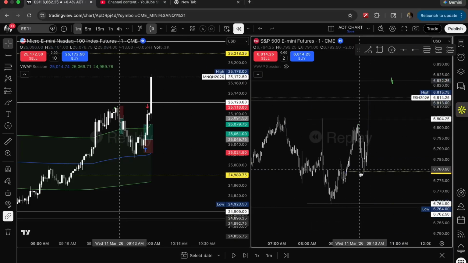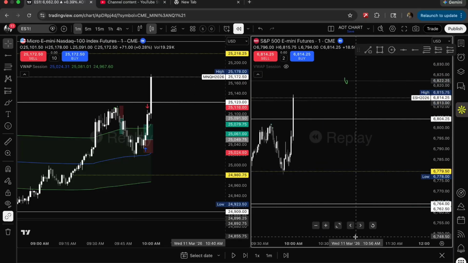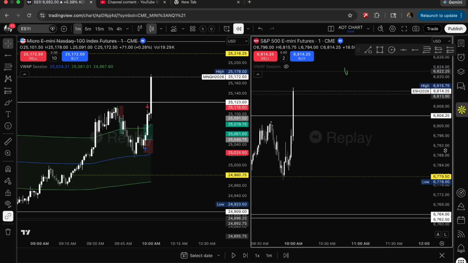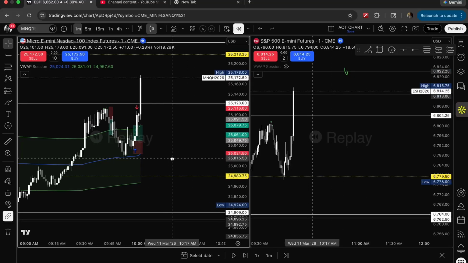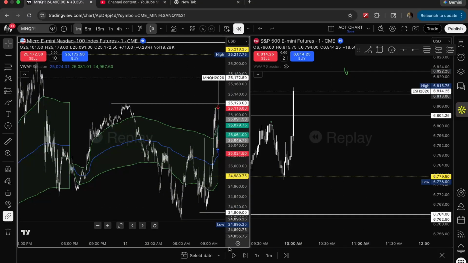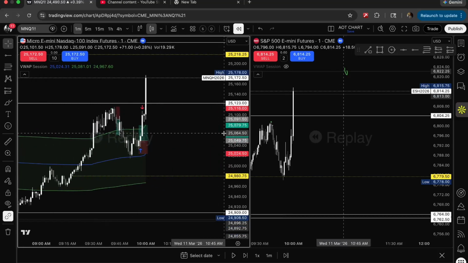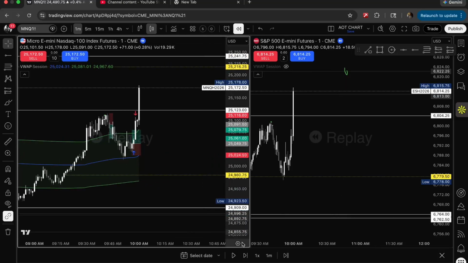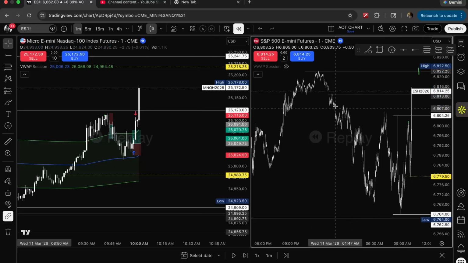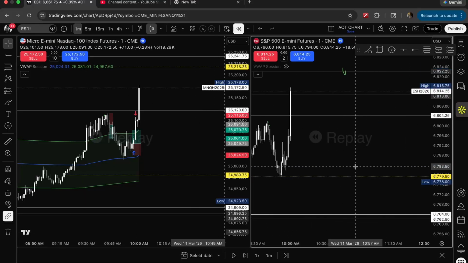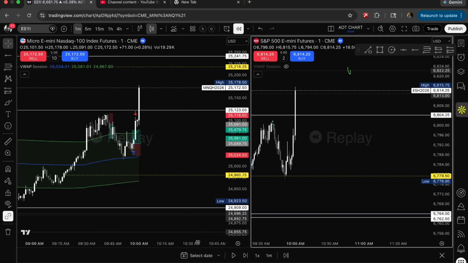When price is bullish right here, we want to see a reversal sequence to the downside. So we want to see a point of respect and then see what draw we took to help us understand the narrative of why we're getting a pullback. Then we can start building a narrative of if we're respecting it, if we're not respecting it, do we want to continue higher, whatever.